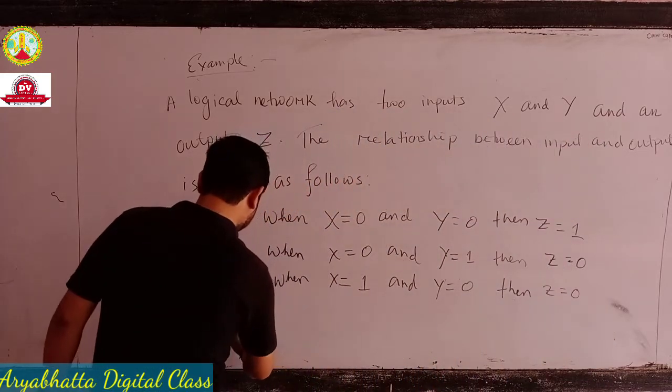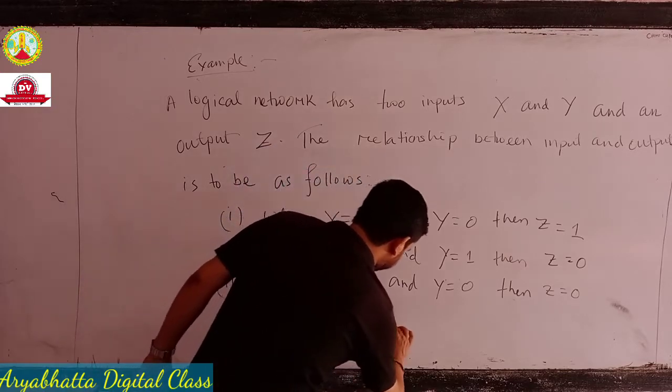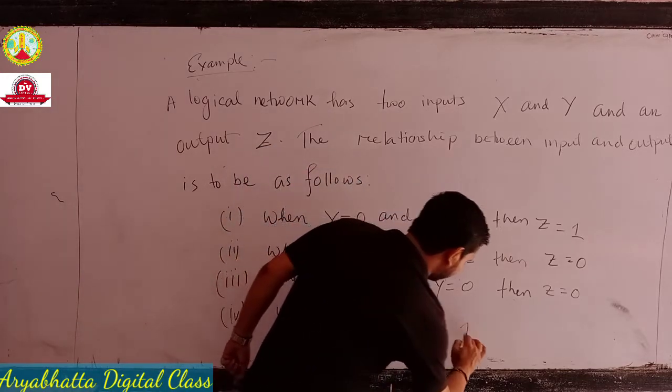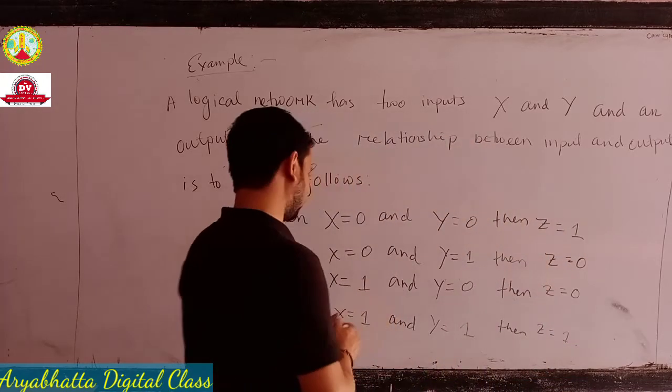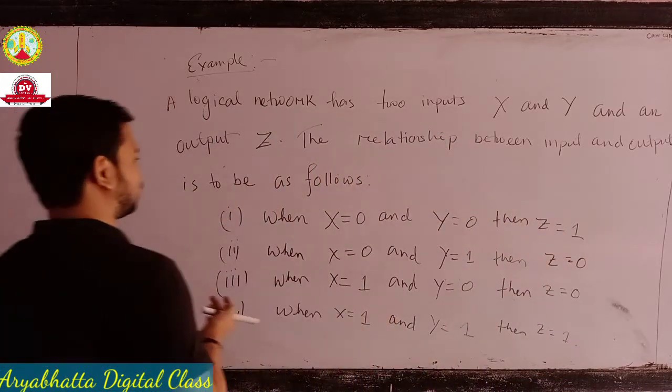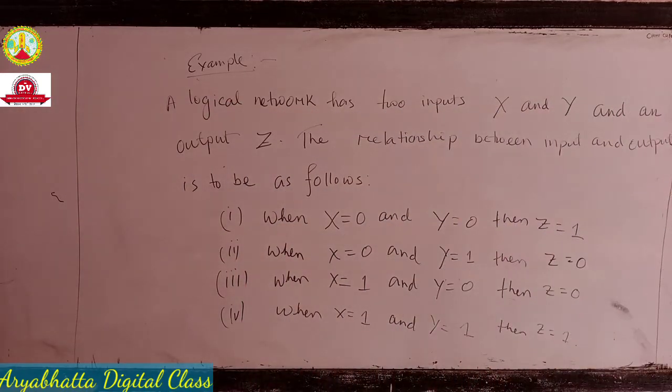And number 4 is when x is equal to 1 and y is equal to 1, then z is 1. Now we have to make the truth table. What is the relationship between input and output values? There are 4 possible relations, okay.